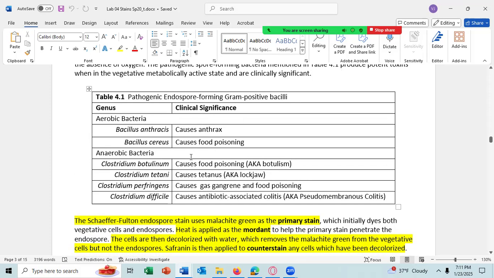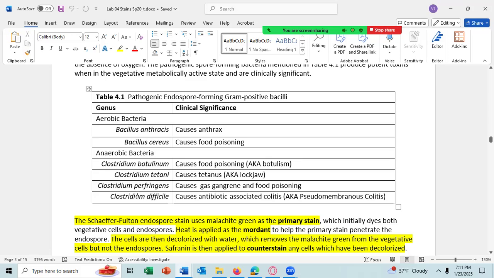And then there's Clostridium botulinum. This species has an endospore, and the species can cause food poisoning, more often called botulism. Clostridium tetani can cause tetanus. Clostridium perfringens can cause gas gangrene and food poisoning.